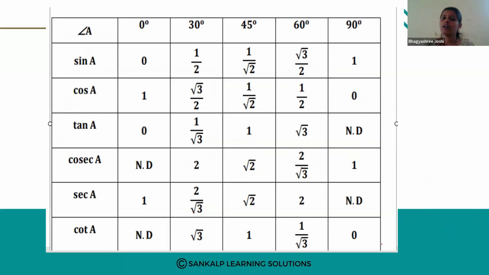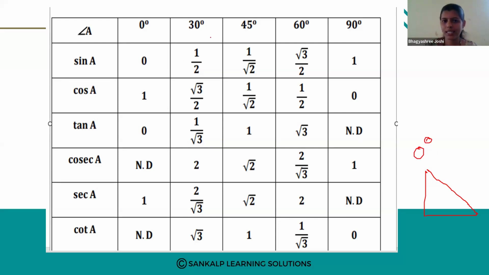Next, another important thing we have to remember. These are the values of some standard angles. What are standard angles? If I draw a right angle triangle, the angle goes from 0 to 90 degree. It could be 10 degree, 20 degree, 15 degree, 35 degree.